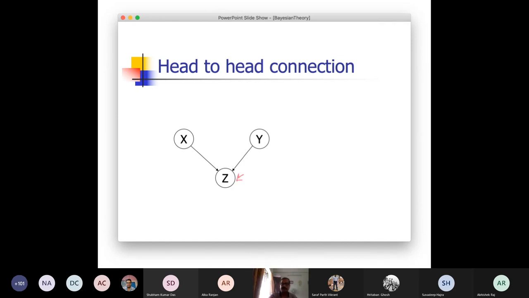What would you specify here? So probability of Z given X, Y. Probability of Z given not X, not Y. Similarly, probability of Z.